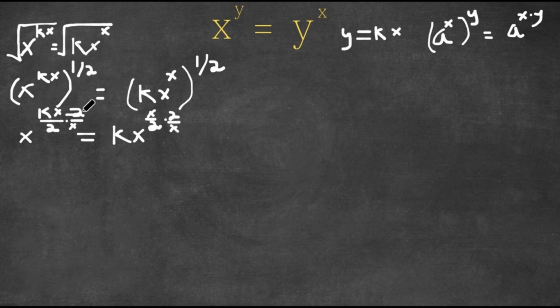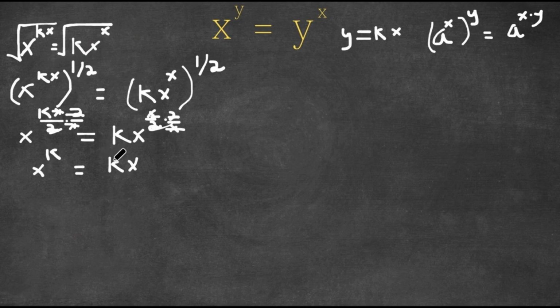Now for this, these two would cancel out and these x's would cancel out. So on our left-hand side, we would be left with x to the power of k. And on our right-hand side, our 2's here would cancel out, and so would our x's. So we would just have k to the power of x to the power of 1, which is simply k to the power of x.